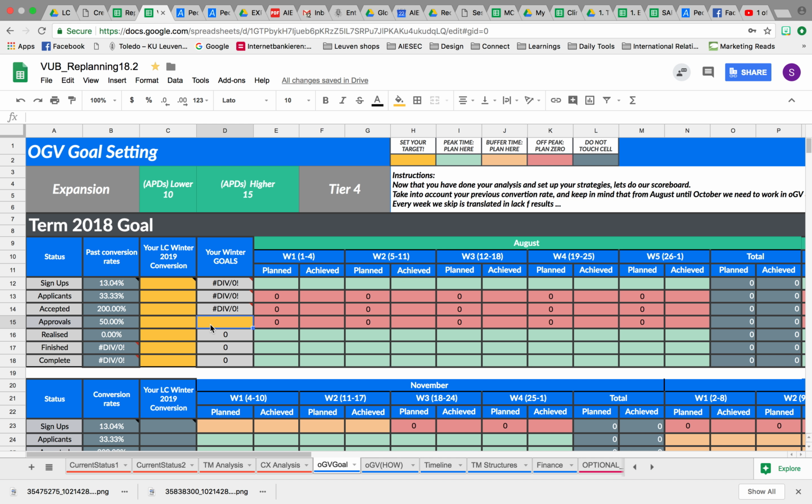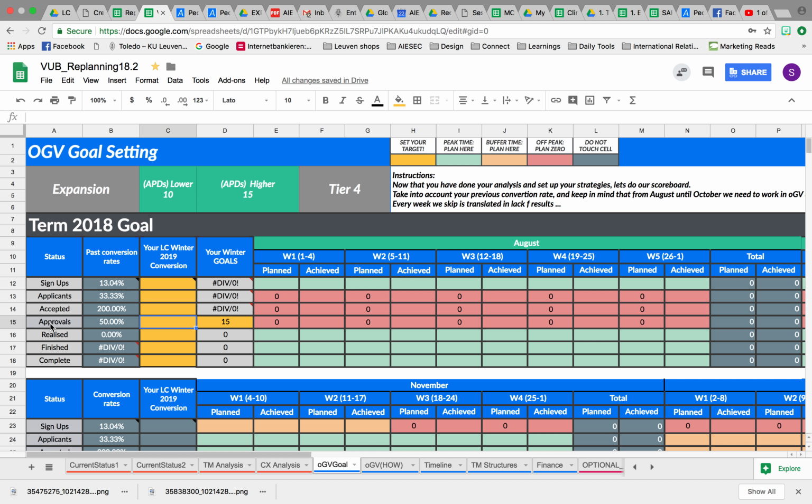So basically, if I am VUB, I plan that I want to do those 15 approvals, and afterwards I plan my conversion rates. Keep in mind that it's not that easy to drastically improve a conversion rate unless you are aware of what was really missing in the past time, or if there was really any screw up that was happening.